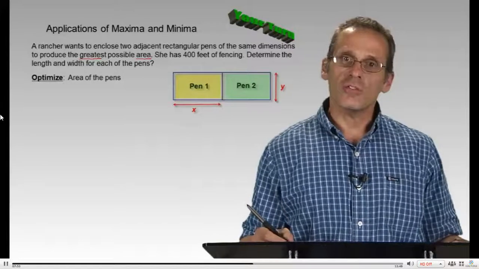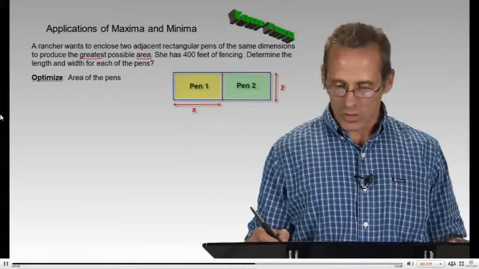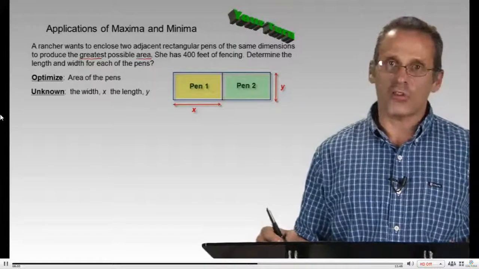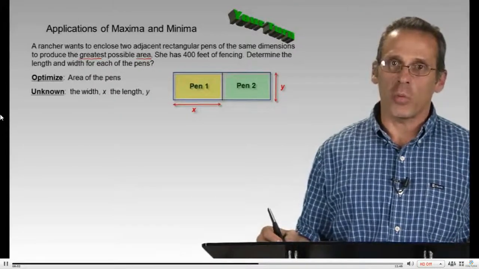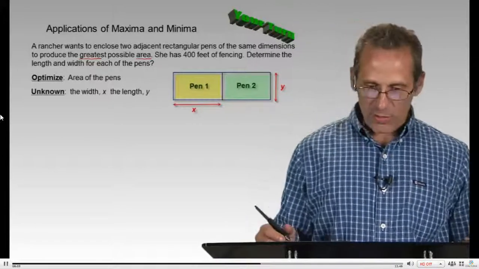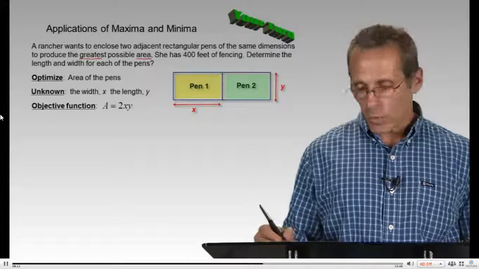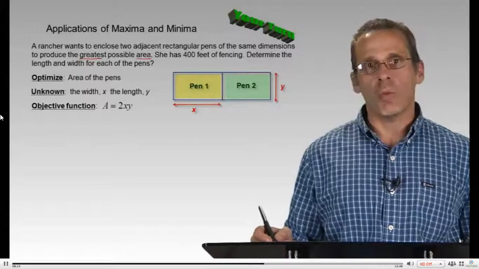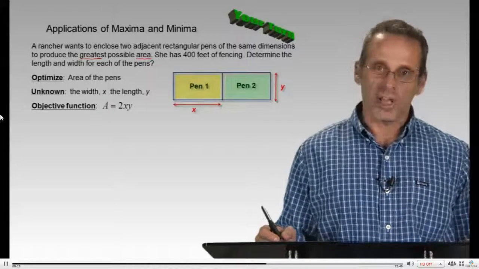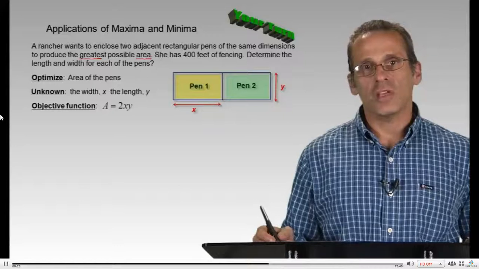A quick sketch of two pens that are adjacent, side by side, and the same dimensions shows that if the unknowns are an x variable for the width and a y variable for the length, we very quickly arrive at an objective function. The area of each pen is x times y, or length times width. There are two pens. Therefore, the objective function, what we're trying to maximize, is 2xy.